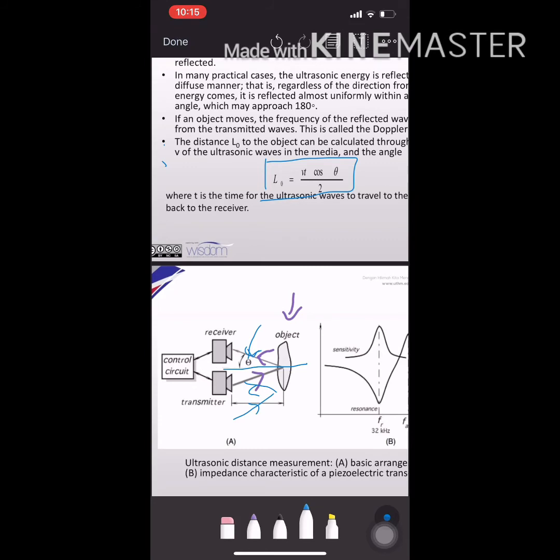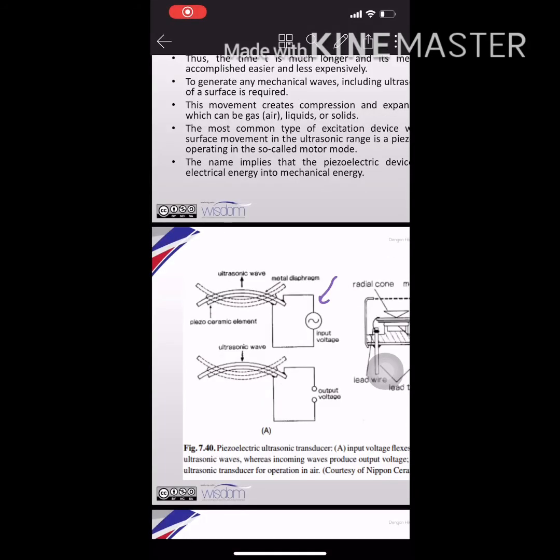So we know that a piezoelectric element converts electrical energy into mechanical energy.